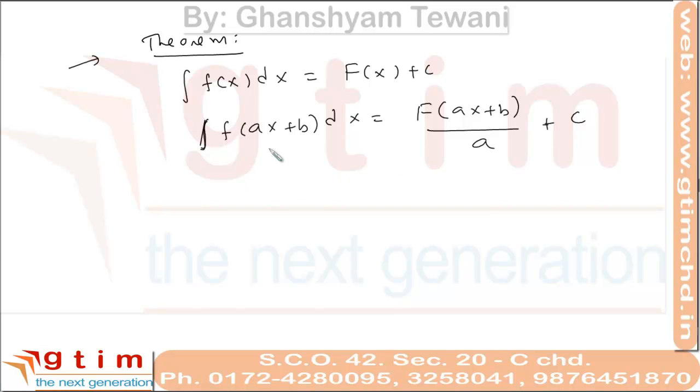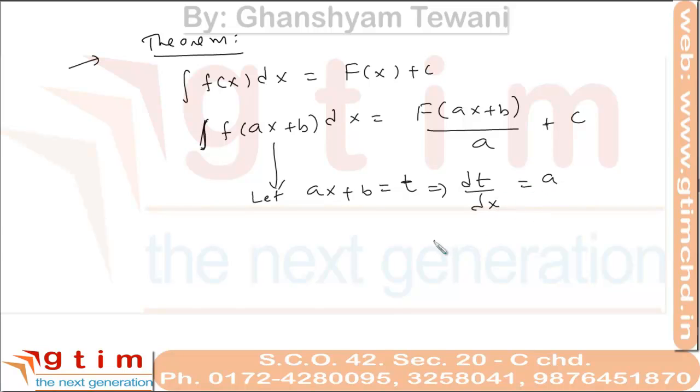Let's prove this. To evaluate this, we use the concept of substitution. Let's substitute ax plus b equal to t. Then let's find dx in terms of dt. What is dt by dx?